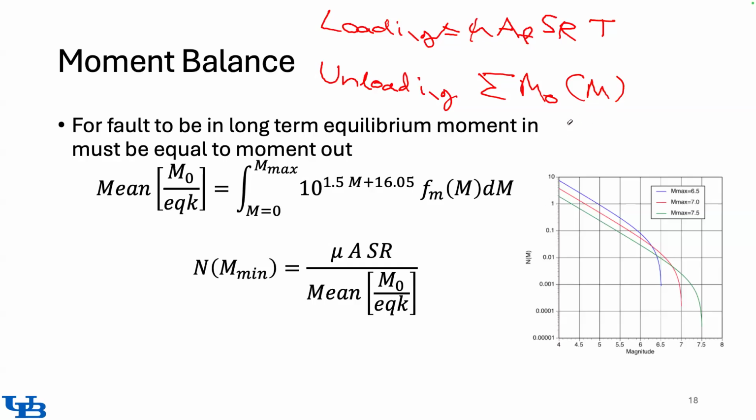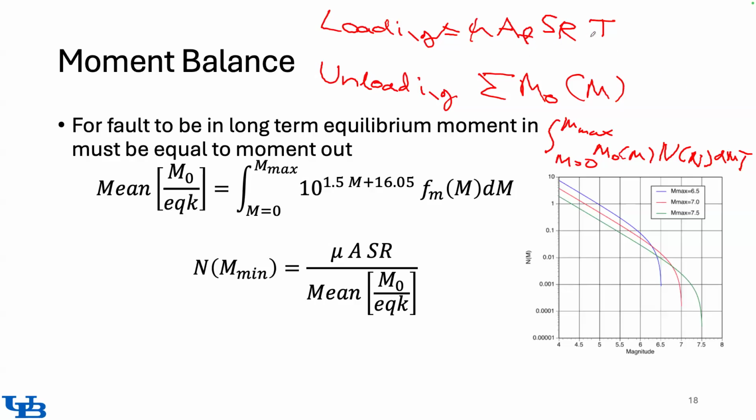This is equal to the sum of the seismic moment for its magnitude times, sorry, it's the integral now, from the smallest earthquake, which we typically assume 0, to the maximum earthquake, of the seismic moment of that earthquake times the number of earthquakes that we expect to happen within a year, N of M, that can come from the Gutenberg-Richter relationship, times dM, times the length of the observation.